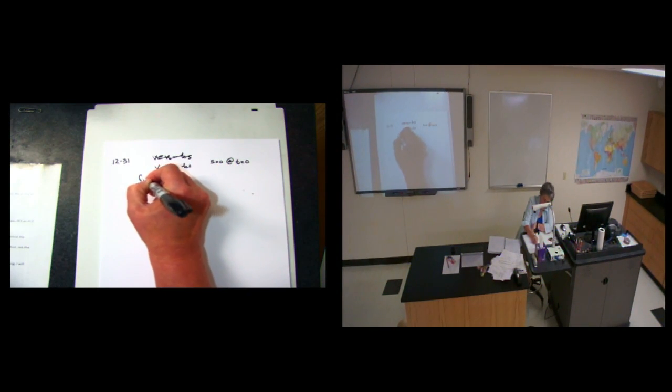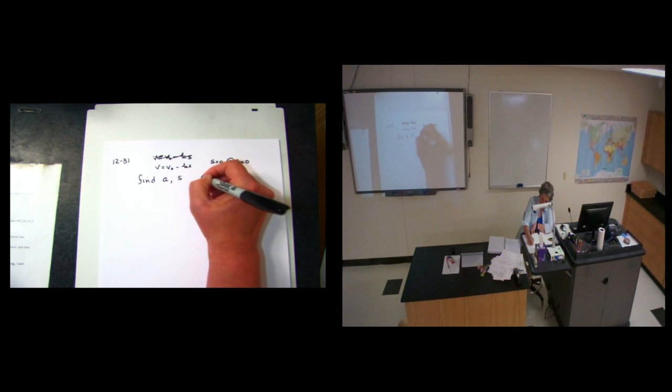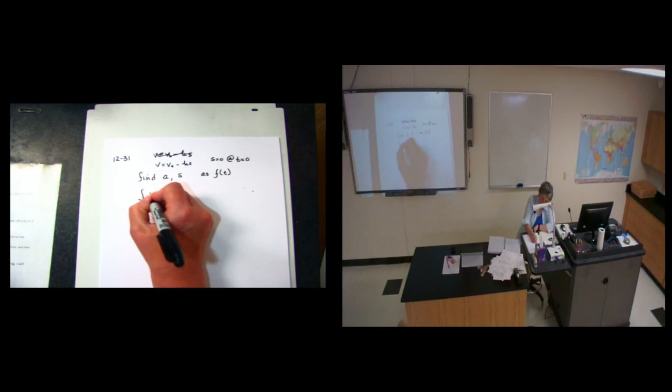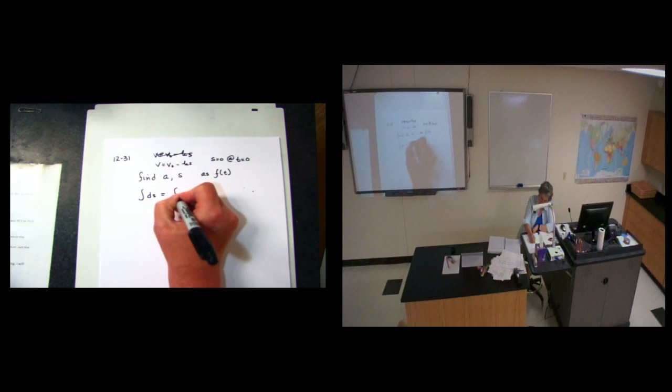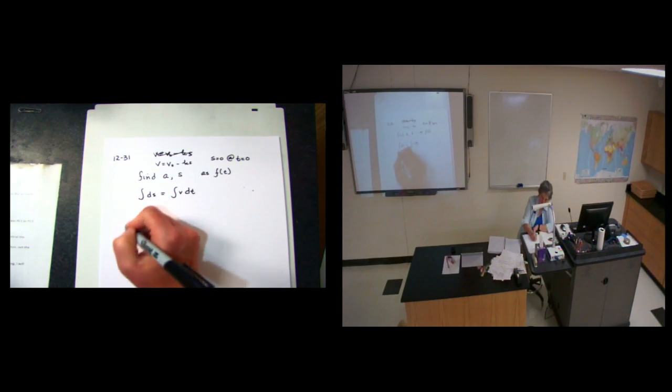Natural log of x times y is going to equal the natural log of x plus the natural log of y. Natural log of x to the y is going to equal y natural log x. Natural log of e is equal to 1. Natural log of 1 is equal to 0.